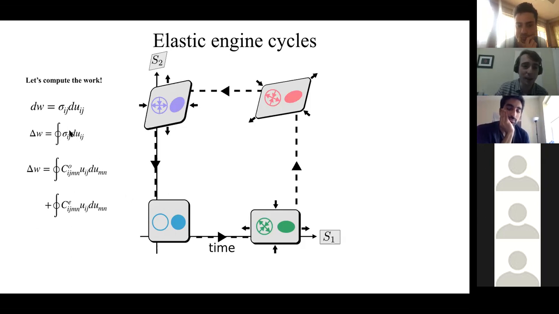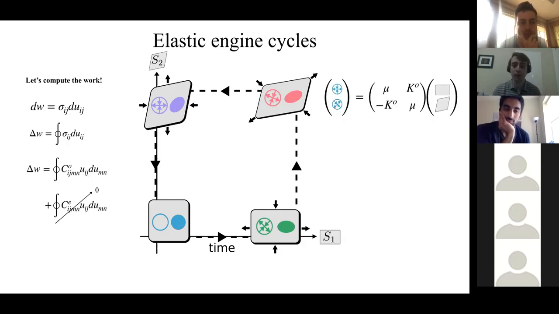I can write this stress as the sum of two parts, C^O times u_ij, and then C^E times u_ij. And what I find is the following. First, we know that since the even part can be derived from a potential, and I started and ended at the same place, that work is equal to 0.